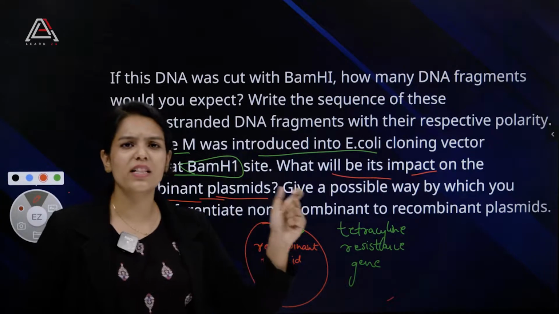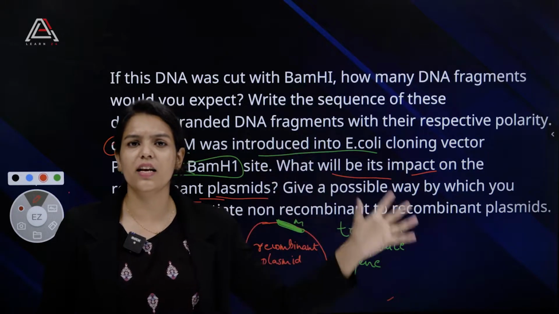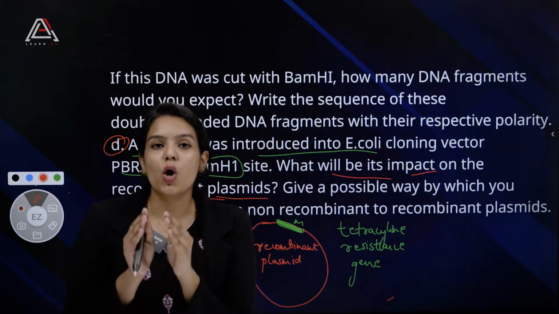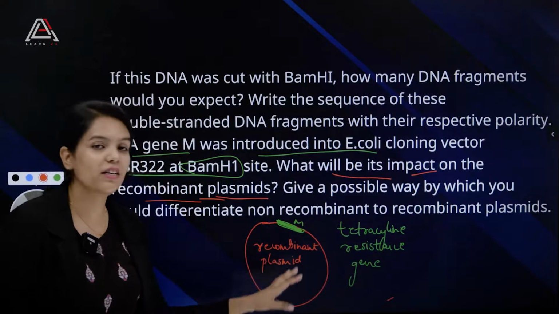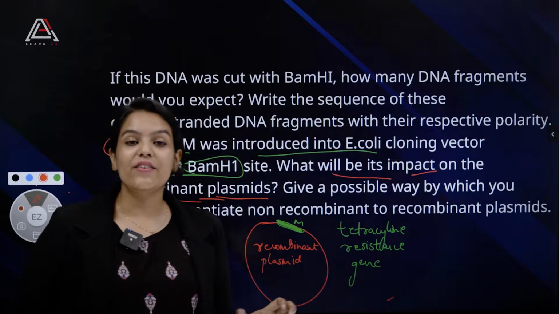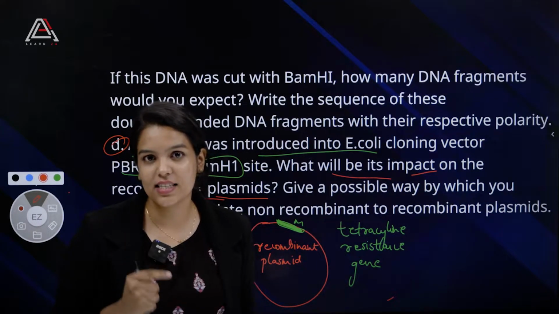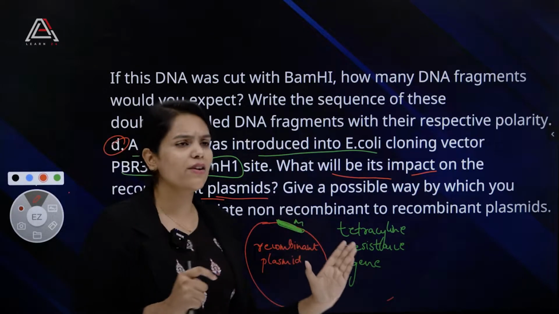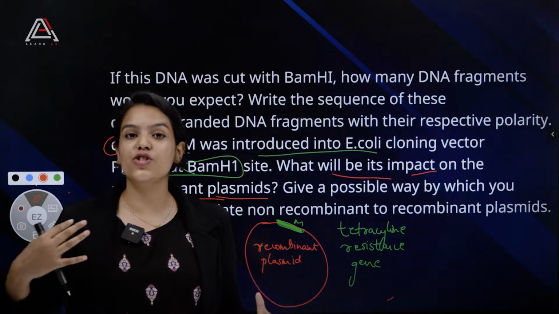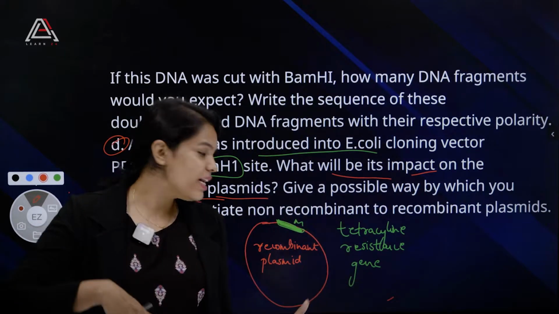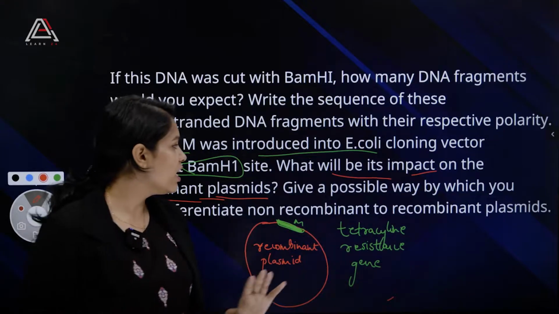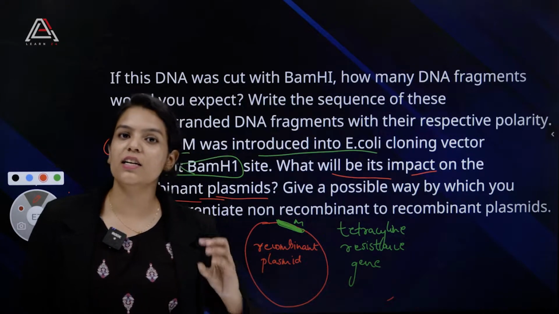So what happens when this tetracycline resistant gene is cut at the BamHI site? This plasmid will no longer be resistant to tetracycline. So you just have to write that there will be tetracycline inactivation happening here, as the tetracycline resistant gene is removed and gene M is introduced here.